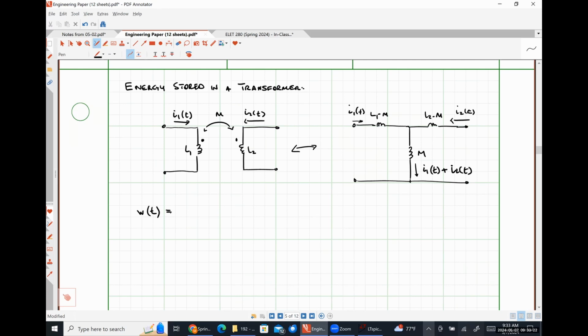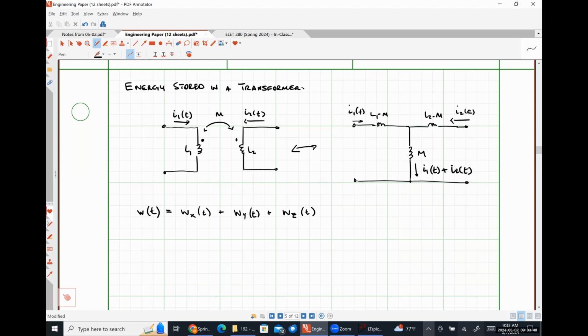So the energy stored in our system is just going to be the energy stored in inductance Lx as a function of time, plus the energy stored in inductance Ly as a function of time, plus the energy stored in inductance Lz as a function of time.